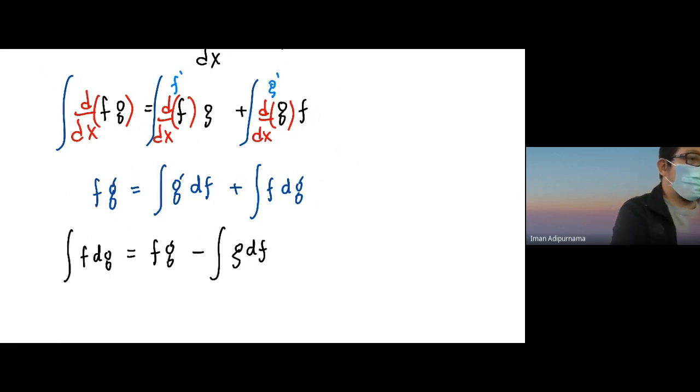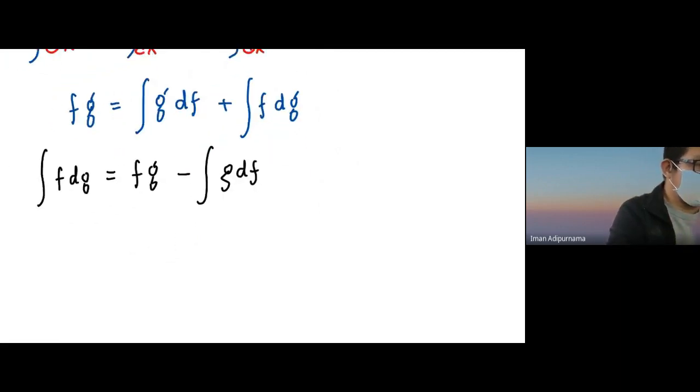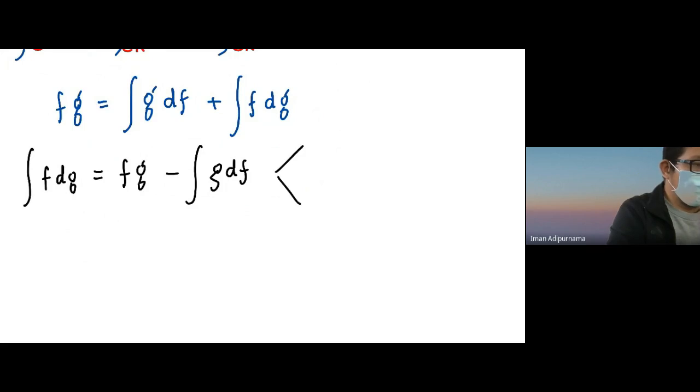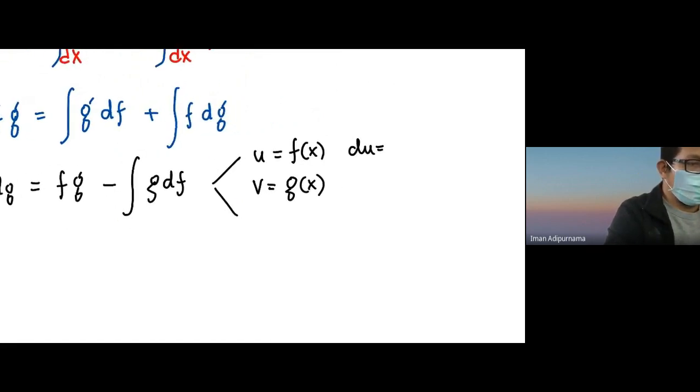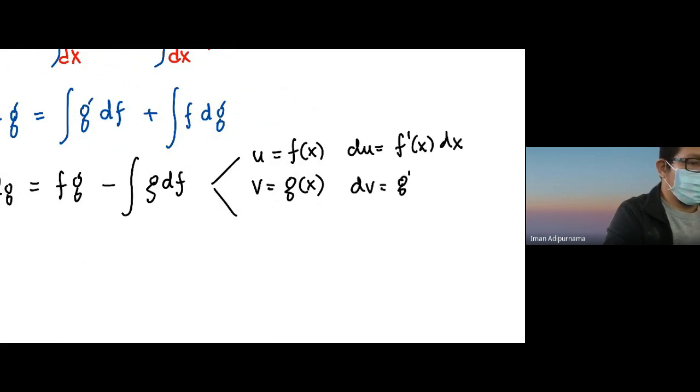Okay, and let's make some terms. Let u be a function of x, and let v be the function g. So we will have du is f prime x dx, and dv is g prime x dx.